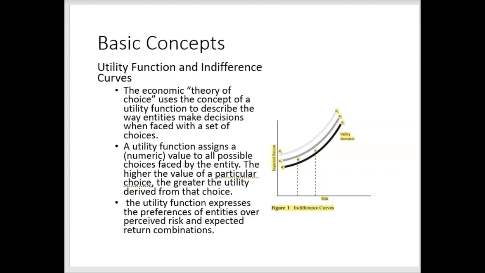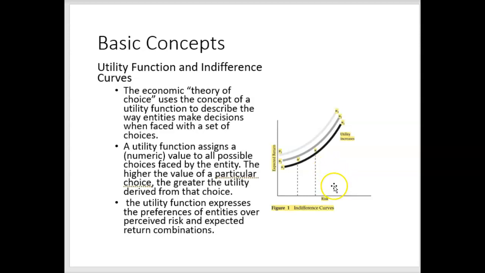The utility function that is generally used in utility theory is a mathematical expression that can describe the preferences of that individual or that investor over a perceived risk and return combination.